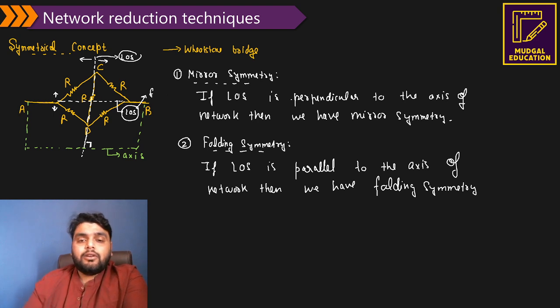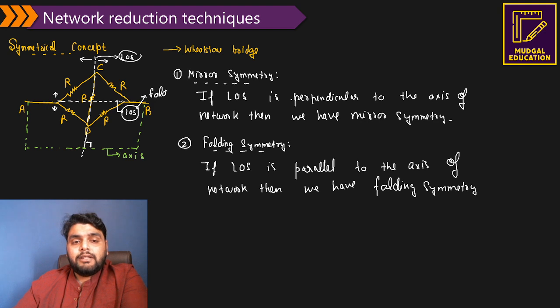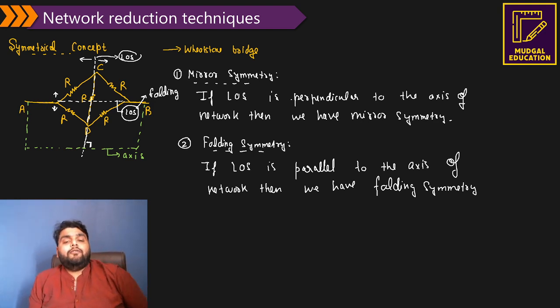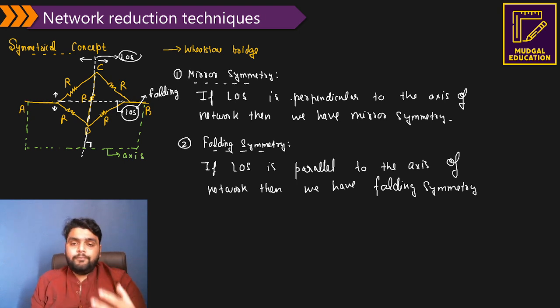So I will tell you the step-wise approach to solve the kind of questions in which you have the symmetrical concept. But we will see this through some examples, because through examples we are going to solve questions as well as learn the concept.